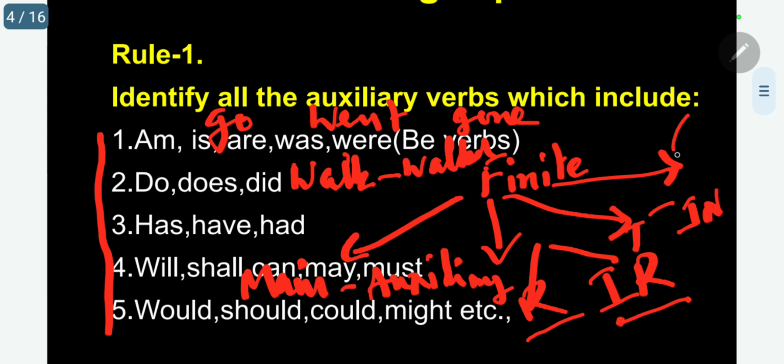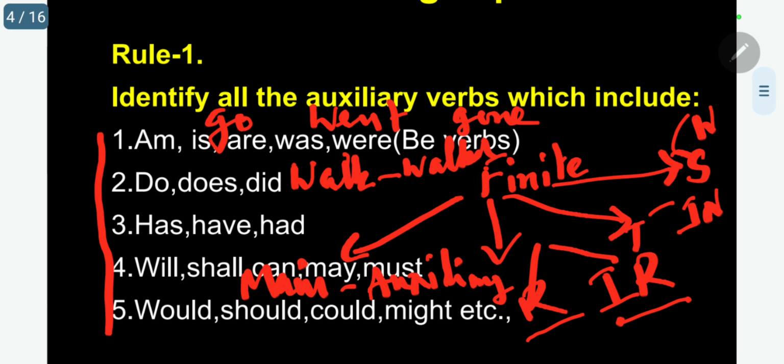Finally, I can classify into strong verb and weak verb. So I can classify finite verbs into four types: main and auxiliary, regular and irregular, transitive and intransitive, strong and weak.